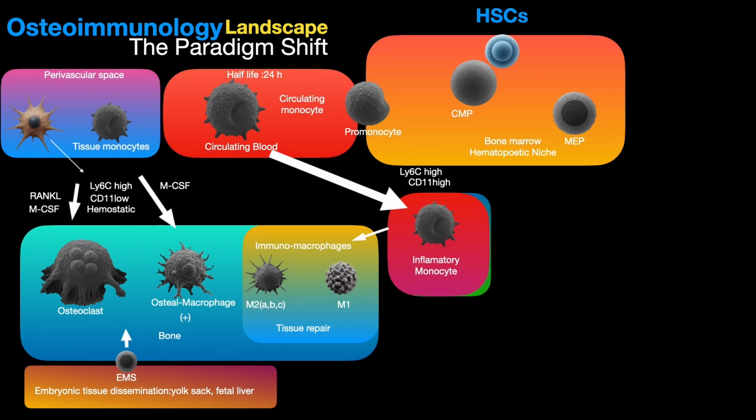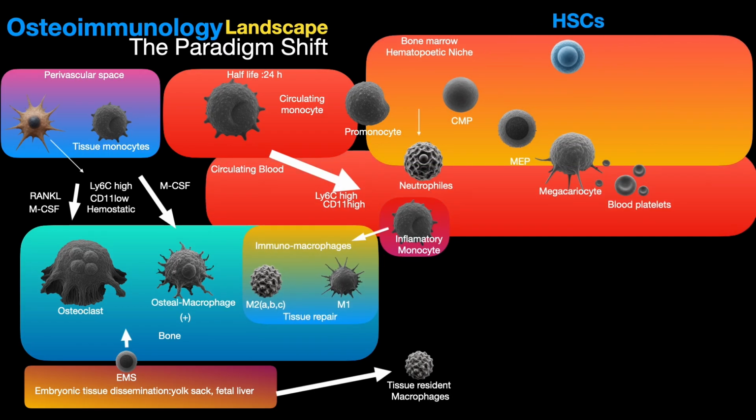Going forward, we can see slowly that the landscape is developing. We know as well that M1 macrophages influence macrophages, activating osteoclasts, or they can create a fusion.